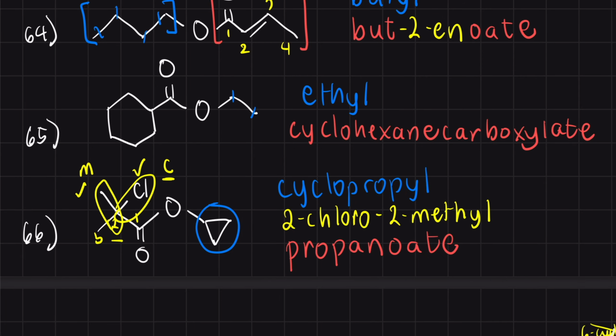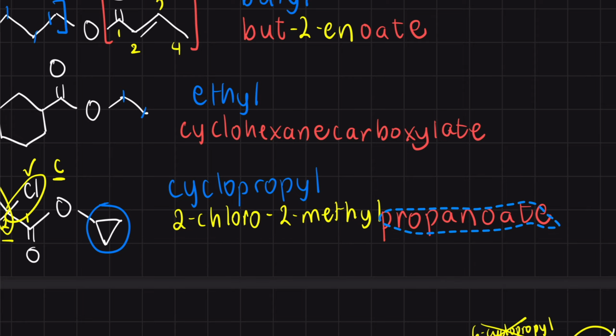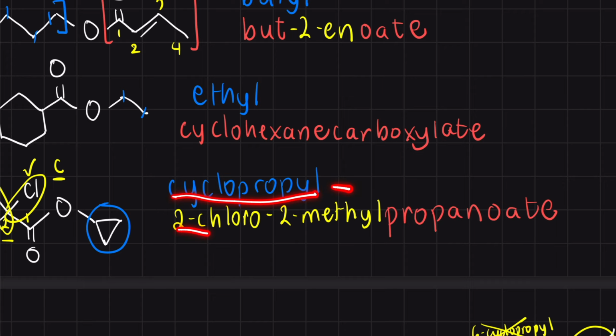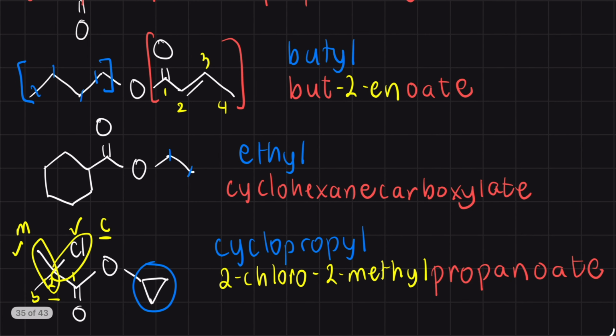Well, supposedly it's one long word. Oh, maybe I can fit it. So let's put that here. So that's the final name. Cyclopropyl space 2-chloro 2-methyl propanoate. And that's the last example here. So again, here we have practice naming esters, amides, acyl halides, and anhydrides.